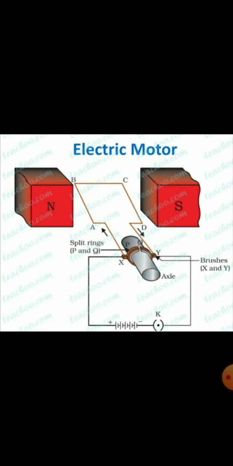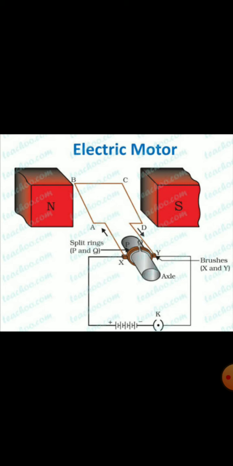So you can see clearly that the coil is placed perpendicular to the direction of that field, right? Imagine that there are magnetic field lines passing from south to north and north to south. So this rectangular coil is placed perpendicular to the direction of magnetic field. So we have talked about the insulated copper wire coil and the two poles of a magnet.